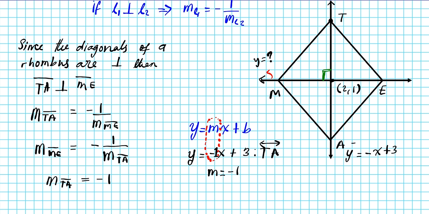That's enough information for us to write down the equation of a line. We just plug it into the y equals mx plus b formula, and we're going to have y equals 1x minus 1 as the equation of the line containing segment EM. Okay, so our answer is option number 1.